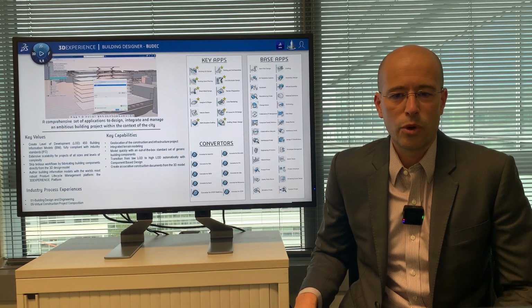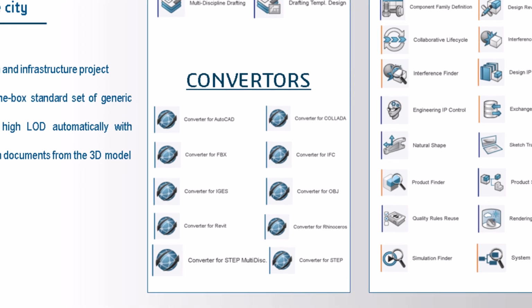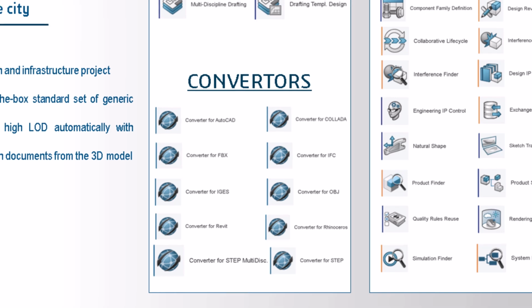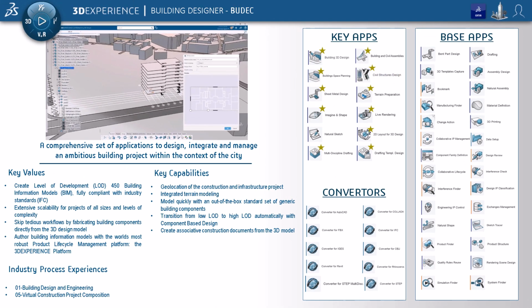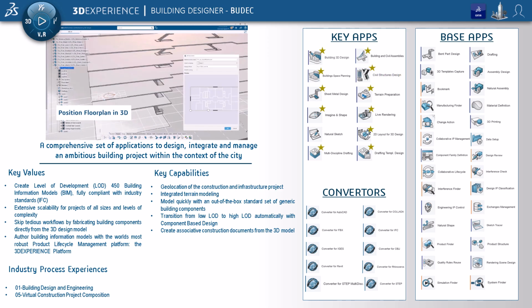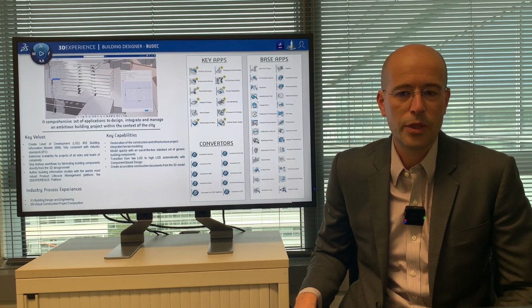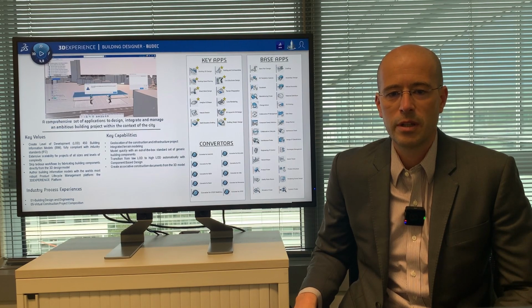With the building designer role, you can convert AutoCAD 2D and 3D, FBX, IFC, Revit, IGES, Rhino, STEP, Collada, and OBJ. And there's a special exporter for batch export of STEP models. So this is a very powerful role with a number of applications included.